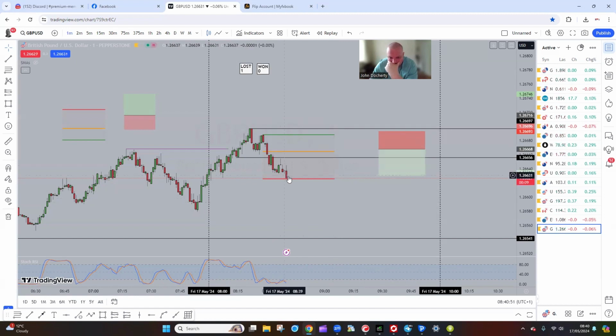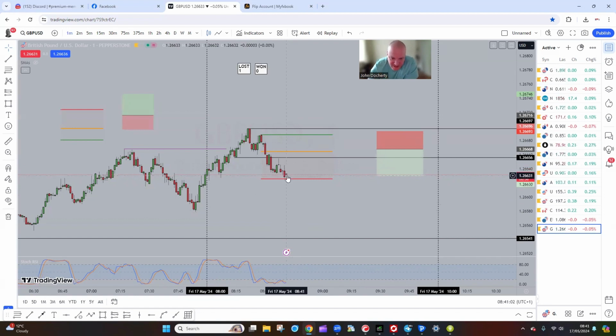Ten seconds left of this candle, and then again, the next one cannot break this or this. 2 seconds, 1 second, right? It's a new candle. This candle here cannot break the red line, and it cannot break this or this.